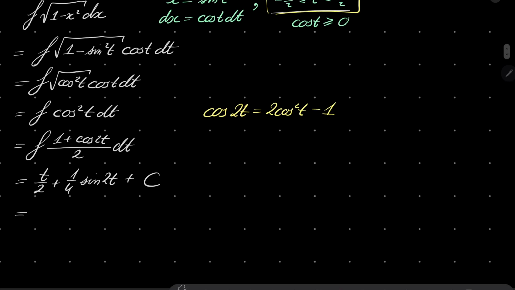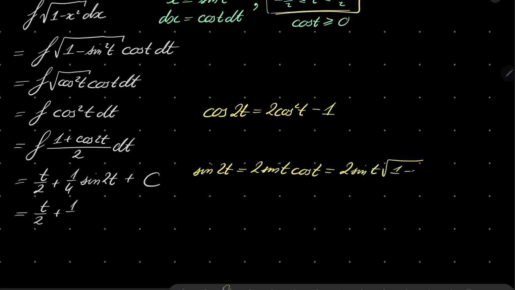And now I wish to go back to x, but maybe I will do the following. Notice that sine of 2t, another well-known formula, is 2 sine of t cosine of t, but cosine of t can be written as square root of 1 minus sine squared of t. Alright, so I will have plus 1/2, because here we have 2, so we have plus 1/2 sine of t square root of 1 minus sine squared of t plus some constant.